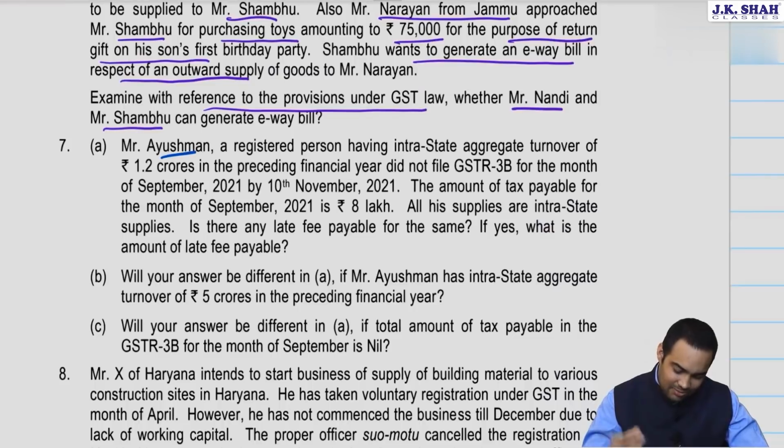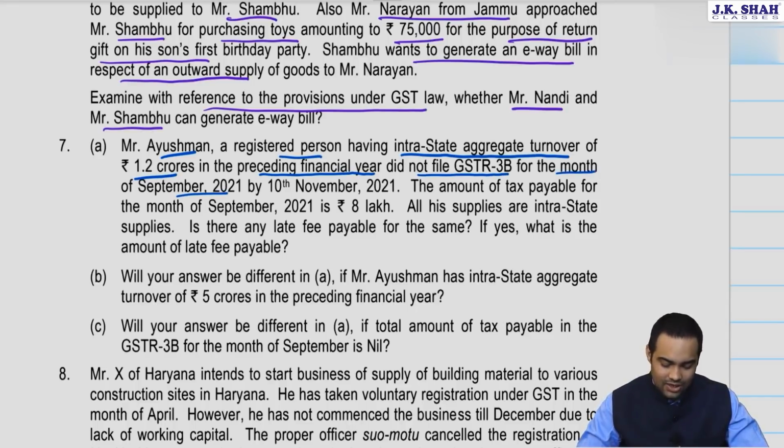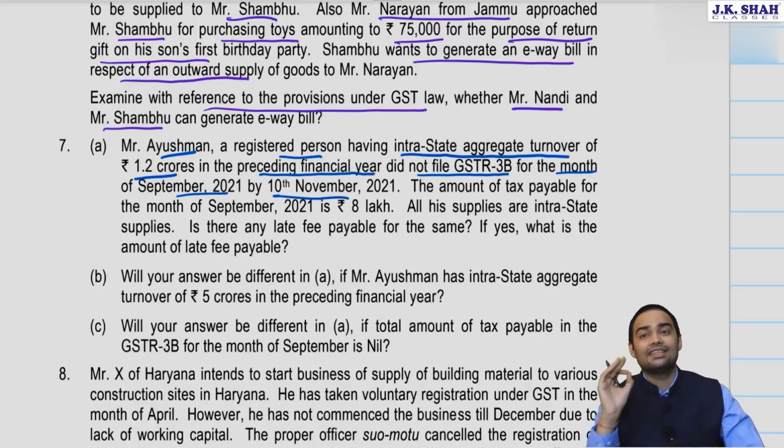Mr. Ayushman, a registered person having intrastate aggregate turnover of 1.2 crore in the preceding financial year, did not file GSTR 3B for the month of September 21 by 10th November 2021.